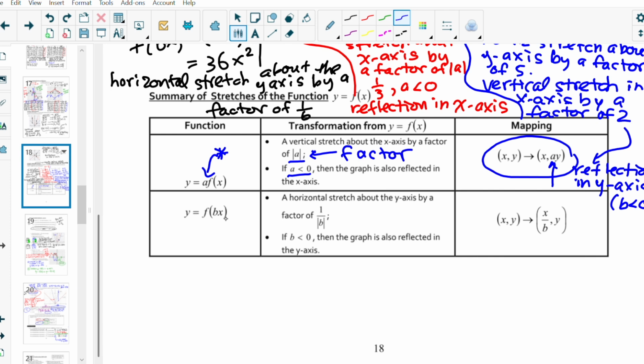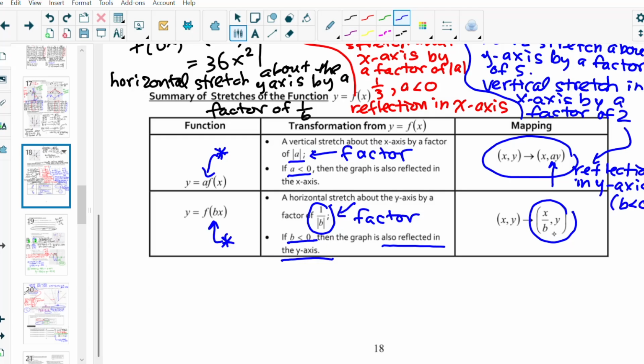For a horizontal stretch, here's the b value. Horizontal stretch about the y-axis by a factor of 1 over absolute value of b. Okay, remember, b value is not the same as a factor. You have to do this to get to the factor. So this is the factor. Then you consider the b value as it's written here. Is it less than 0? If it is, then it's also reflected in the y-axis. Here's the mapping notation.